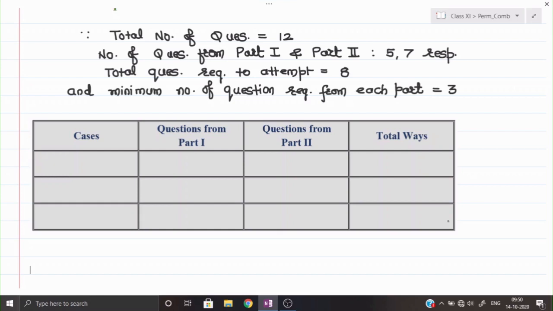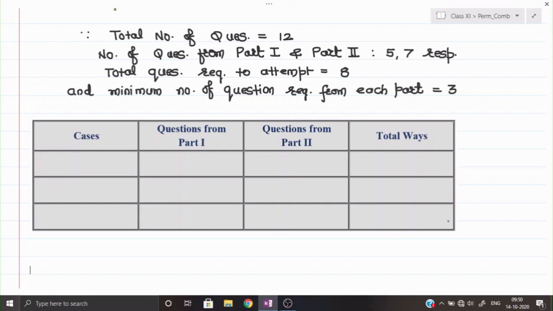Doing one question first and second question afterwards, or second question first and first question afterwards, doesn't make any change. The sequence doesn't make any change in terms of marks. So whichever question we do first and whichever we do last doesn't matter, and hence the sequence doesn't matter here. Ultimately we are just going to select the questions, so it is a clear case of combination.